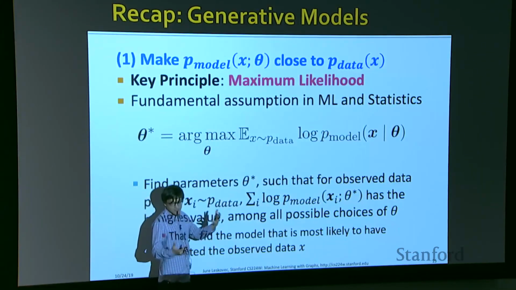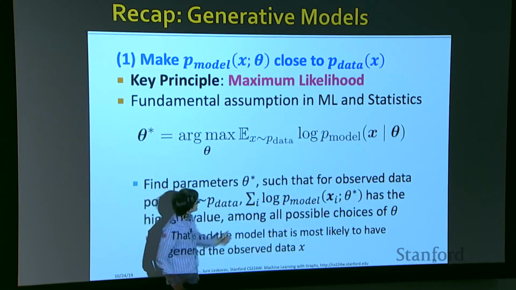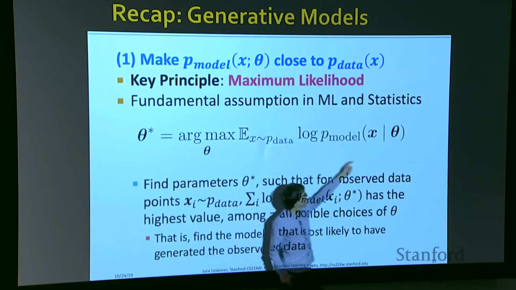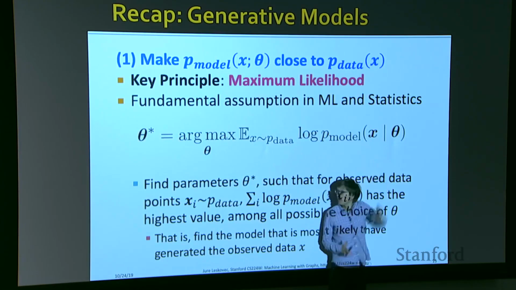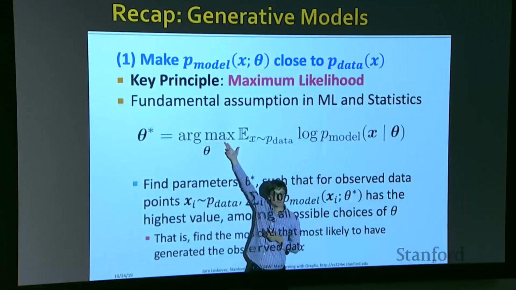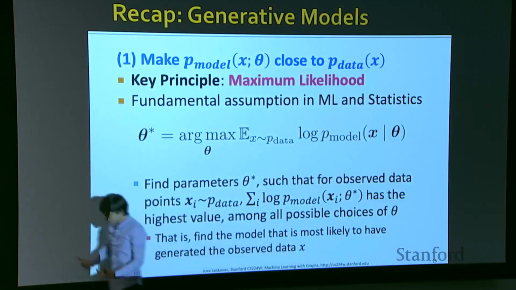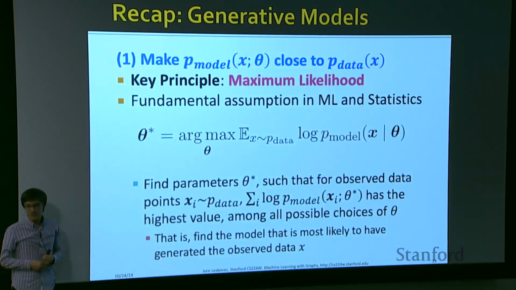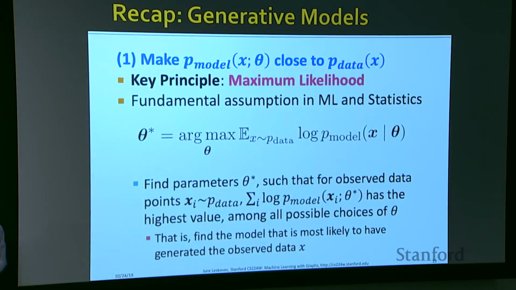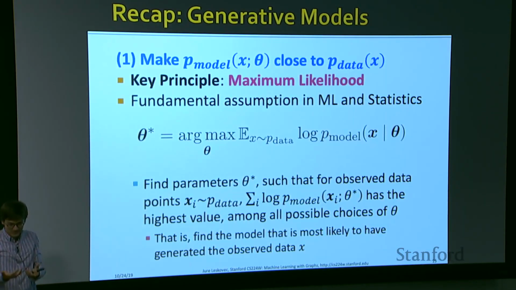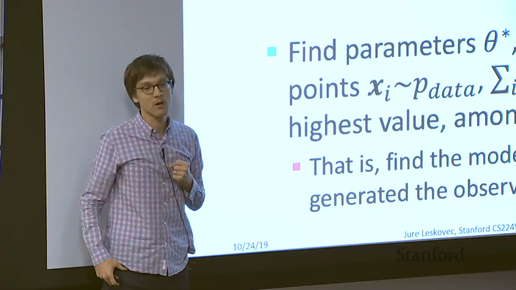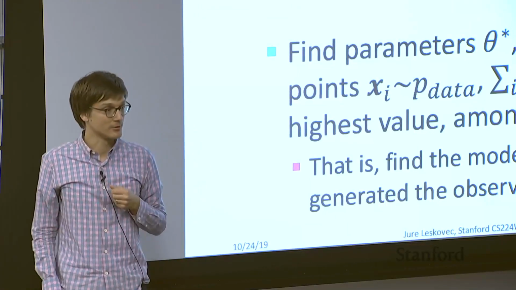Data comes from P data, and you want to set the parameters of P model so that this sum of probabilities is as large as possible. That's why this makes sense, and in some sense it is amazingly fundamental, and also simple, crisp, pure: the concept of log likelihood or maximum likelihood.